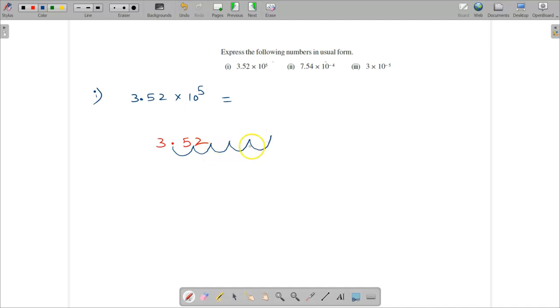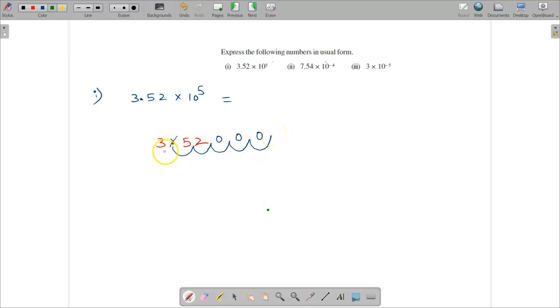Whenever it is moving to the right side, we need to introduce zeros here. So here 1 zero, here 1 zero, here 1 zero, we need to include, and then we need to discard this decimal point here. It will be moved to here.